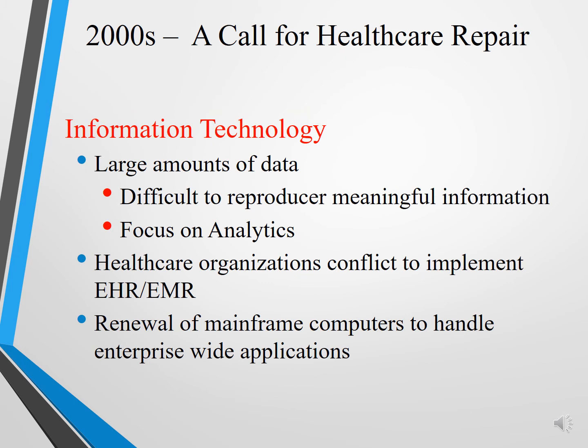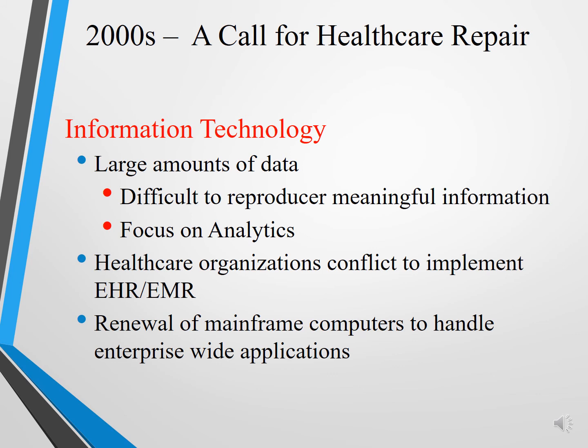So what was going on with information technology during this decade? The growth and rapid adoption of technologies leveraging the Internet literally tore down long-standing barriers to data, and information became available to everyone, including consumers. However, organizations struggled to pull meaningful information out of the glut of data that was now being collected.